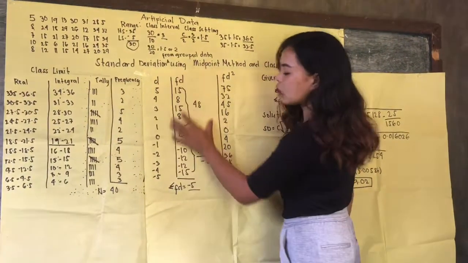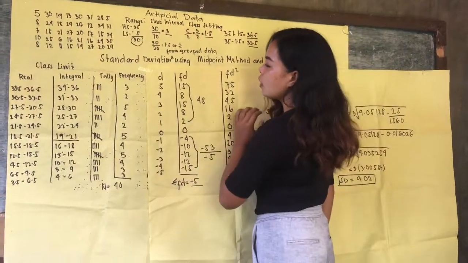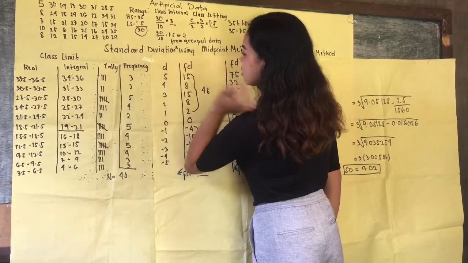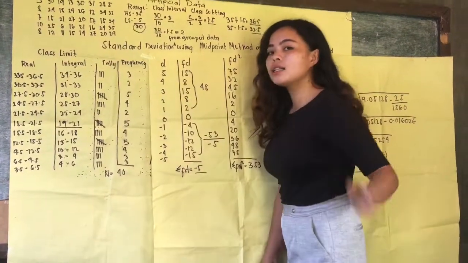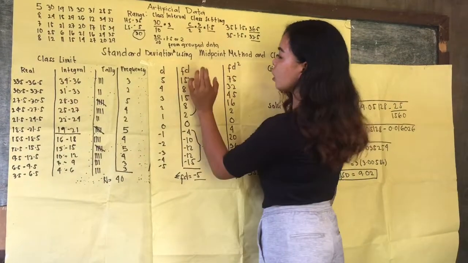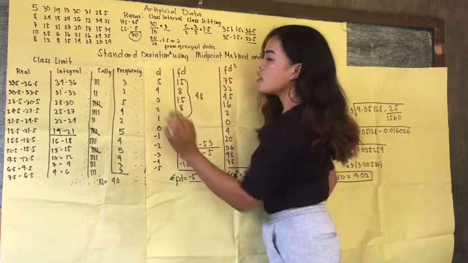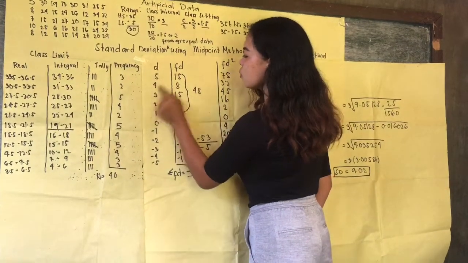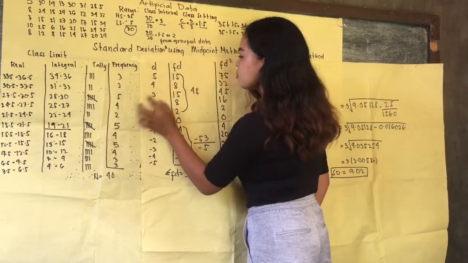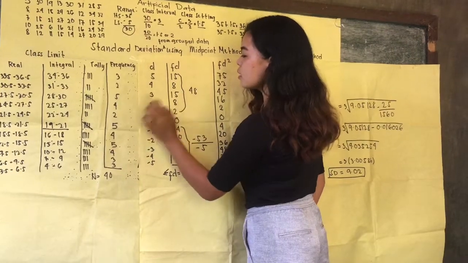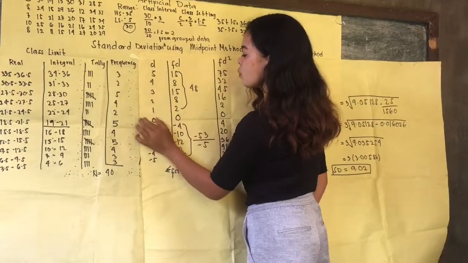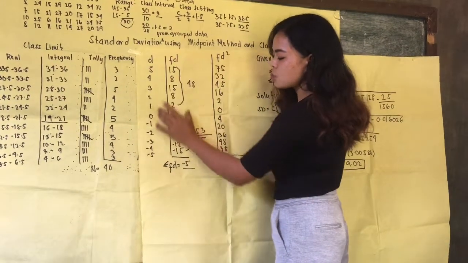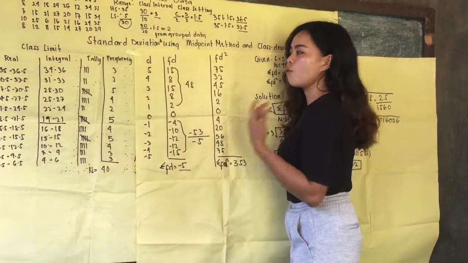So for the next column, you have to multiply the frequency and deviation until such time you arrive at the product of FD. So 3 times 5 is equals 15, then 2 times 4 equals 8, 5 times 3 equals 15, 4 times 2 is equals 8, 2 times 1 is equals 2, 5 times 0 equals 0, and so on and so forth.